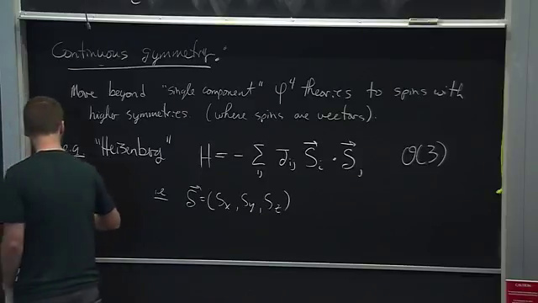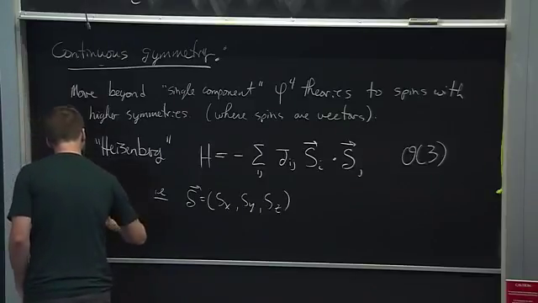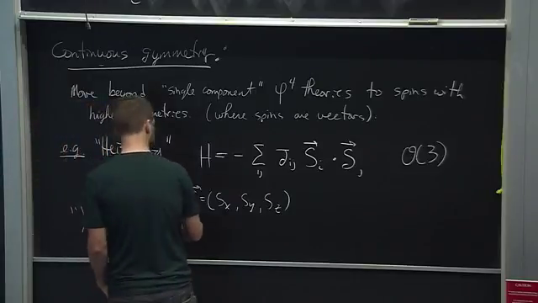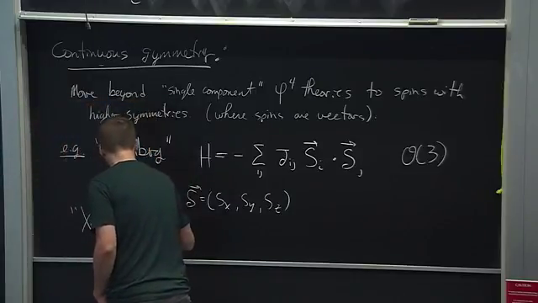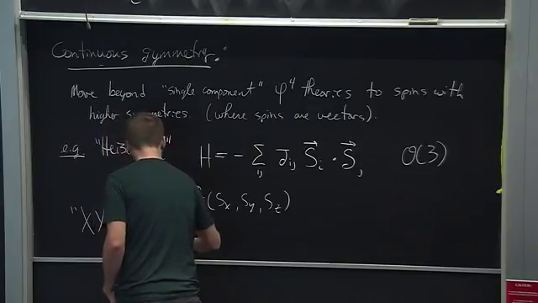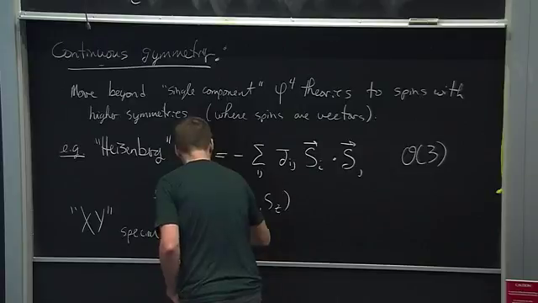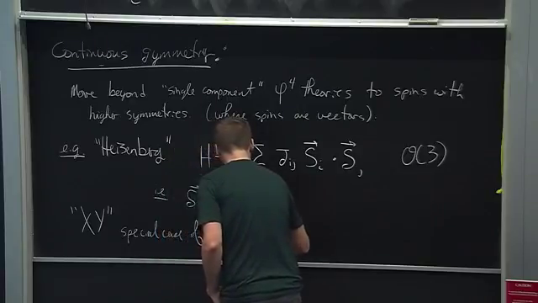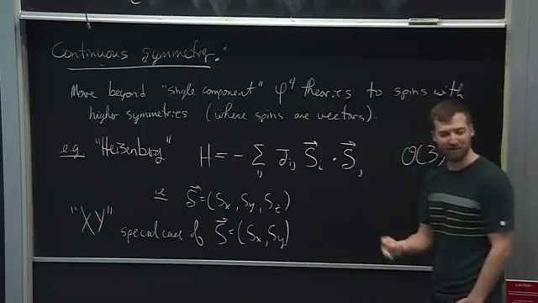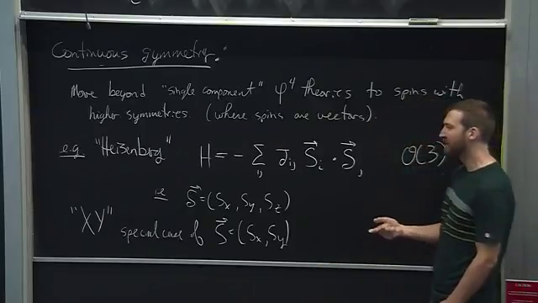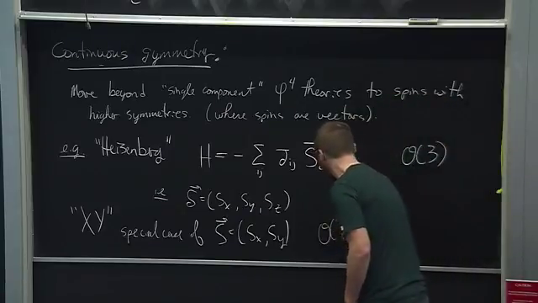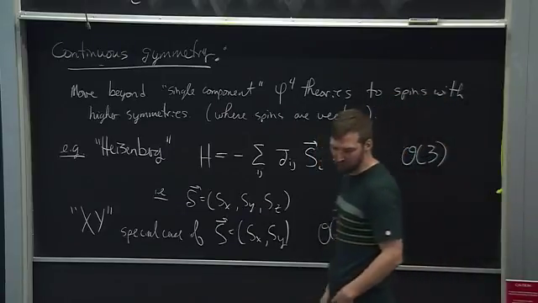And XY is the special case where you only have two. That would be called easy plane sometimes because your rotors are in the plane. Ising is called easy axis because you're on the axis. That has O2 symmetry.